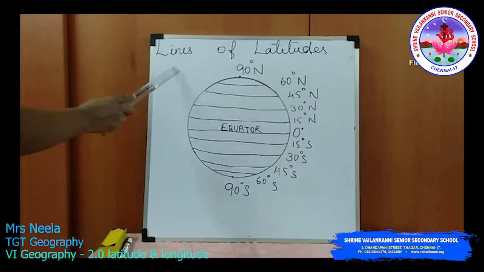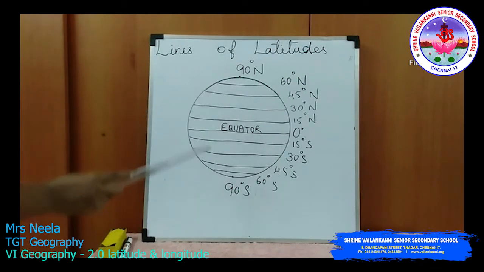The lines of latitude are imaginary lines that run parallel, or horizontally, across the surface of the earth. They measure angular distances in degrees, minutes and seconds. The lines of latitude are also known as parallels.